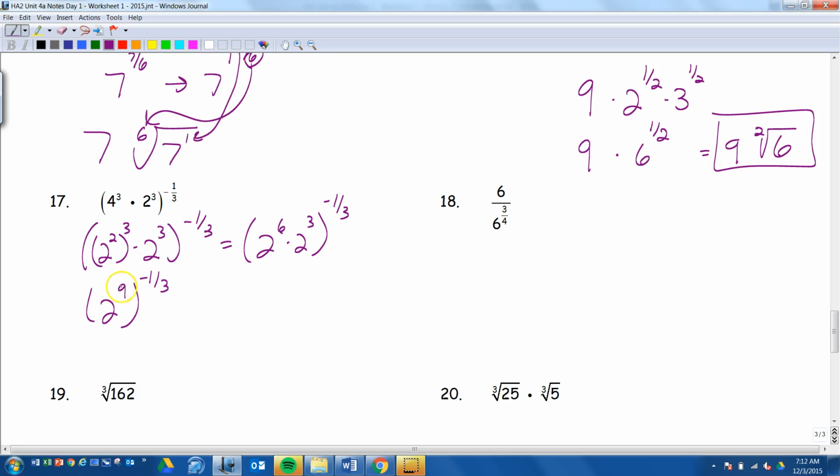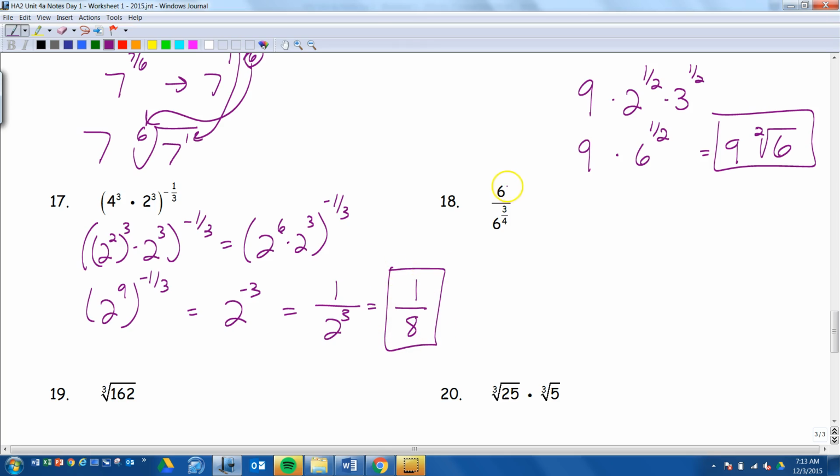Since this goes together nicely, I'm going to multiply power to a power and say I have 2 to the negative 9/3, which is negative 3. Now we go, oh, okay, that's a negative exponent, so that means that that goes to the bottom of the fraction, which we don't have, so we're creating it. It's 1 over 2 to the 3rd. I wrote 8 because 2 to the 3rd is 8. So our final answer is 1 over 8.